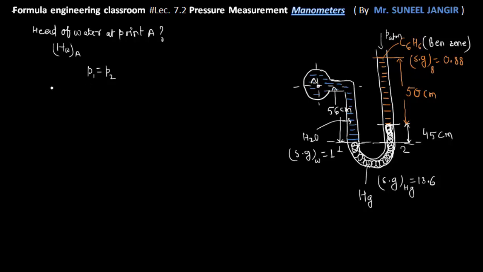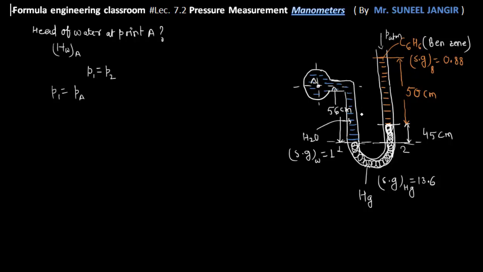Okay, so first we'll try to calculate what P1 is. I'm writing that P1 is equal to, first of all, the gauge pressure at the point A, and definitely this is unknown, so I'm writing this as PA. Then this gauge pressure remains the same at the same level here.